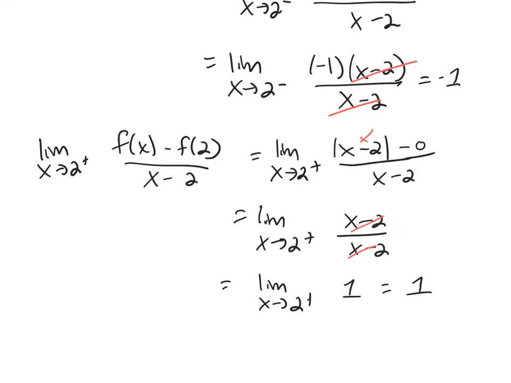And now, if you compare these two one-sided limits, I got negative 1 and 1. These are not equal.